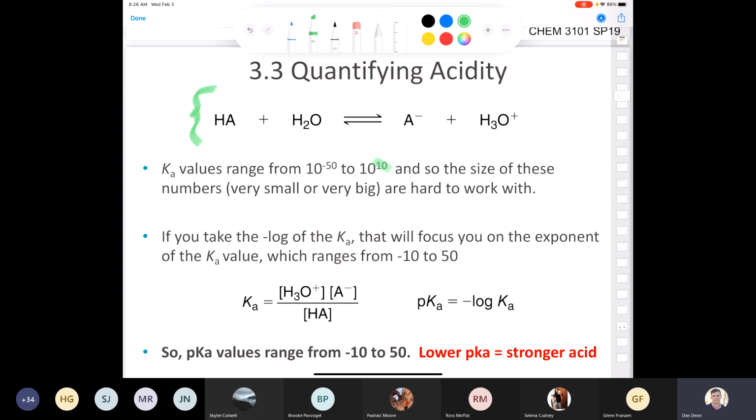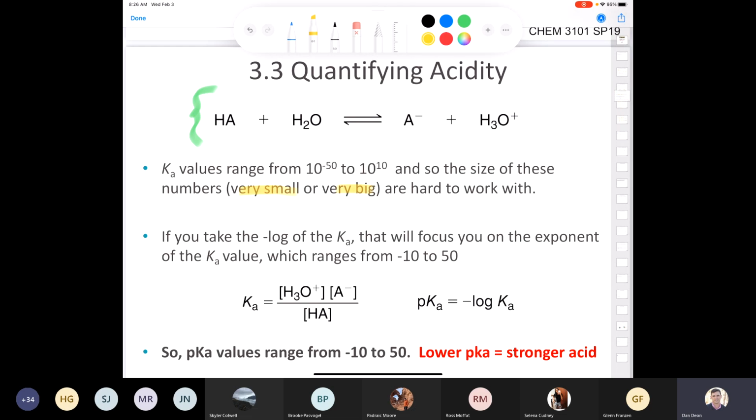So that's 10 times more than a billion, right? Anyhow, I'd be the first guy to lose track of all those zeros. Sign me up. I won't be able to keep track of all those. So since the numbers are going to be so small and so large, we have a workaround. What we do is we take the minus log of the Ka, and that allows you to just focus on the exponent.